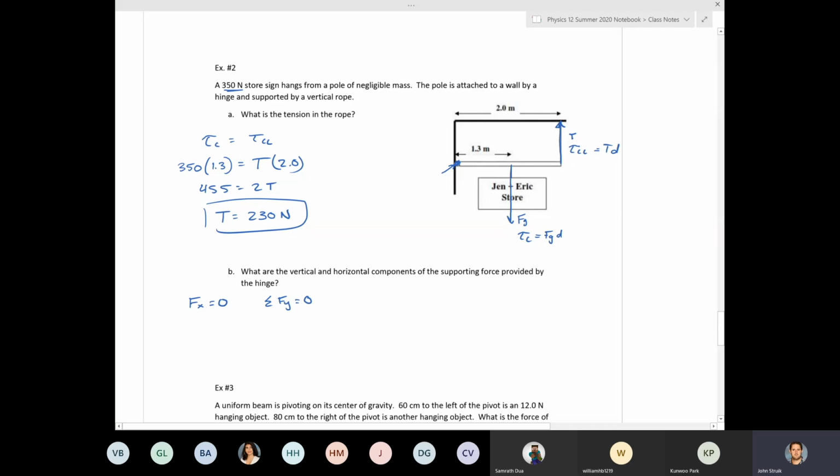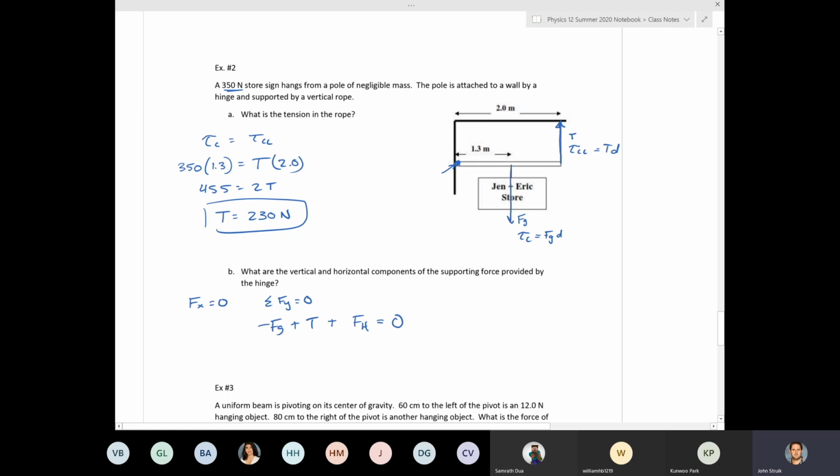So now I can start listing all my forces, and it looks like I only have Fg and T. Fg is going down, tension is going up, plus some other force that's acting at the hinge has to equal 0.